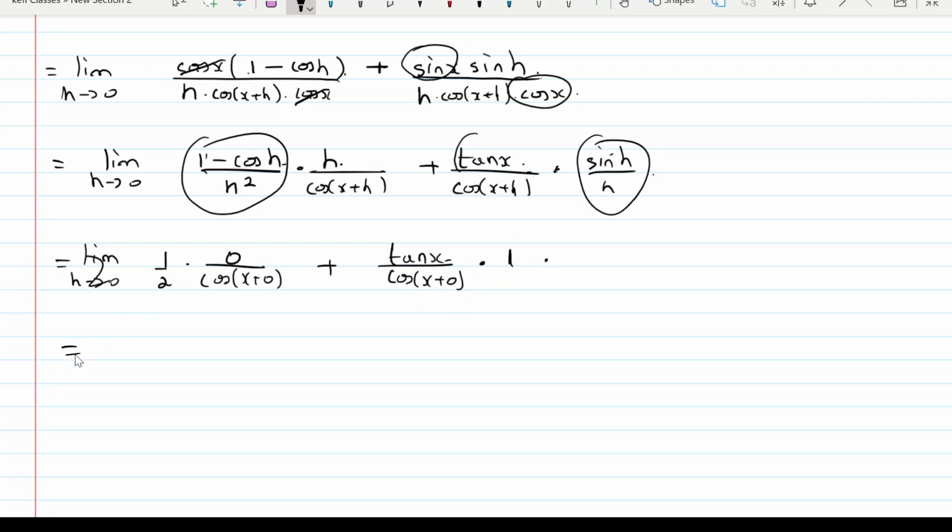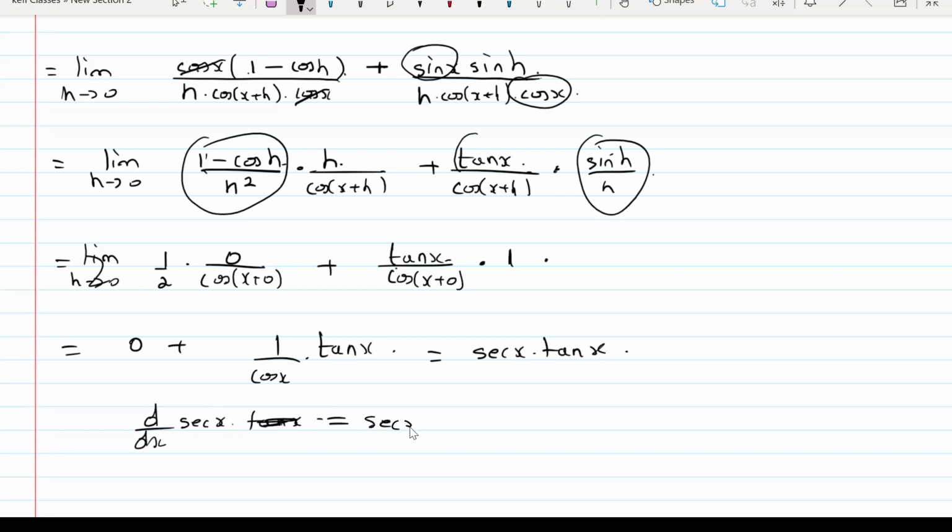So the answer happens to be 0 plus, now this 1 upon cos x, it's basically 1 upon cos x into tan x, and that equals sec x tan x. So the derivative of sec x is sec x tan x.